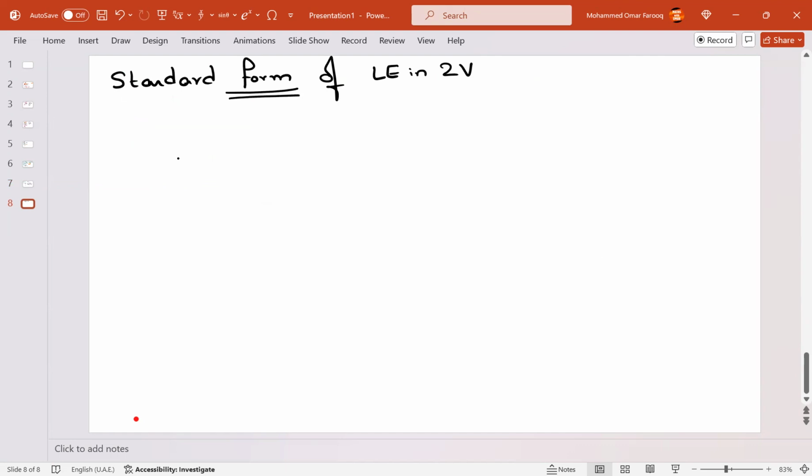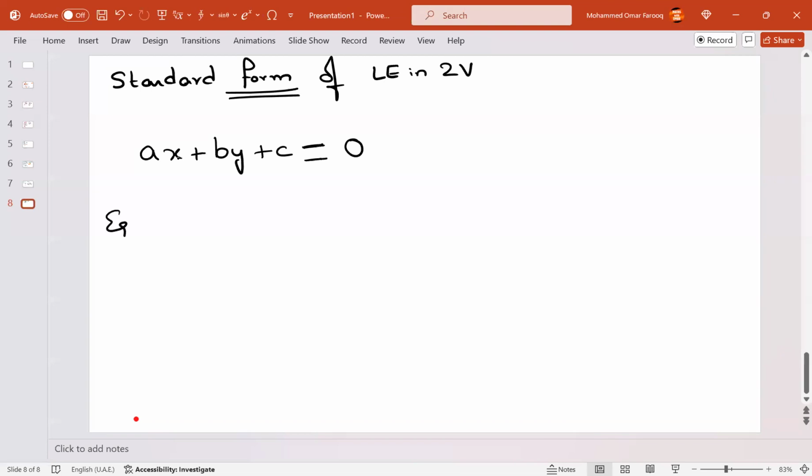What is the standard form? You have an equation with an equal to sign. To the left side of it, you should have all the terms, whatever terms you have: x term, y term, and constant, on the left-hand side. And on the right-hand side, you should have 0.